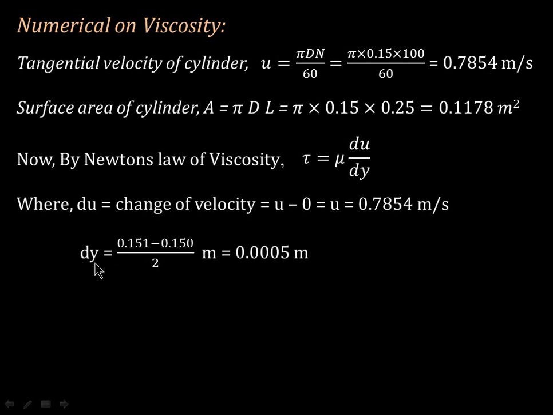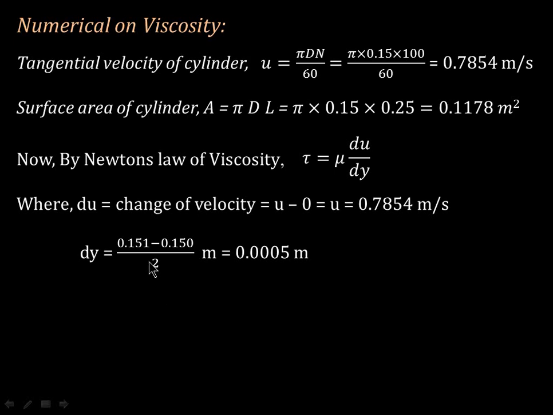And dy is nothing but the gap between these two cylinders, which can be calculated by the diameter of the bigger cylinder minus the diameter of the inner cylinder, so 0.151 minus 0.150, divided by 2.